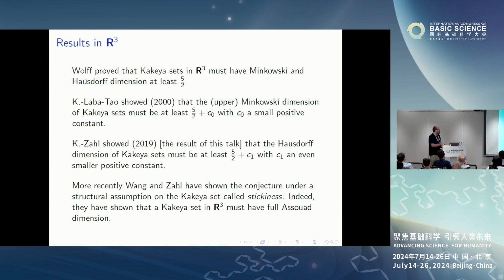And stickiness was a property that was guaranteed for such sets in the upper Minkowski dimension version of the problem, but was not guaranteed for Hausdorff dimension, which is why it took another 2 decades. And so, in one sense, what is new in this result that was not known here, even though the results look quite similar, is that we had to deal, and we were able to deal with a non-sticky case. And I'll say more about what is meant by stickiness a little later.